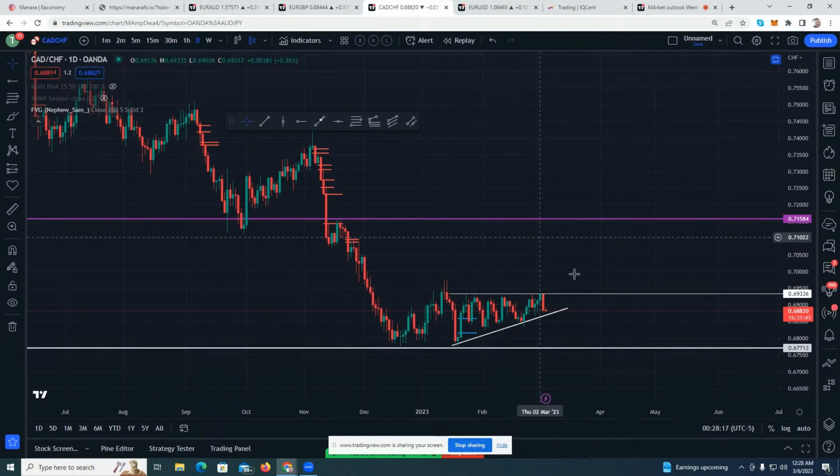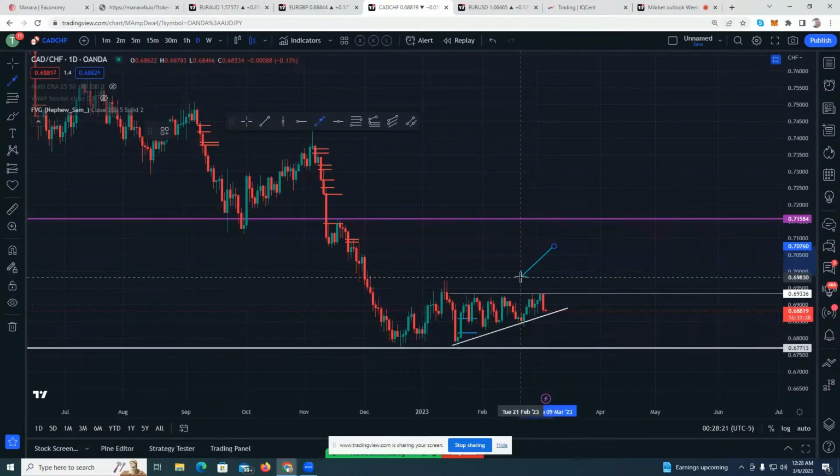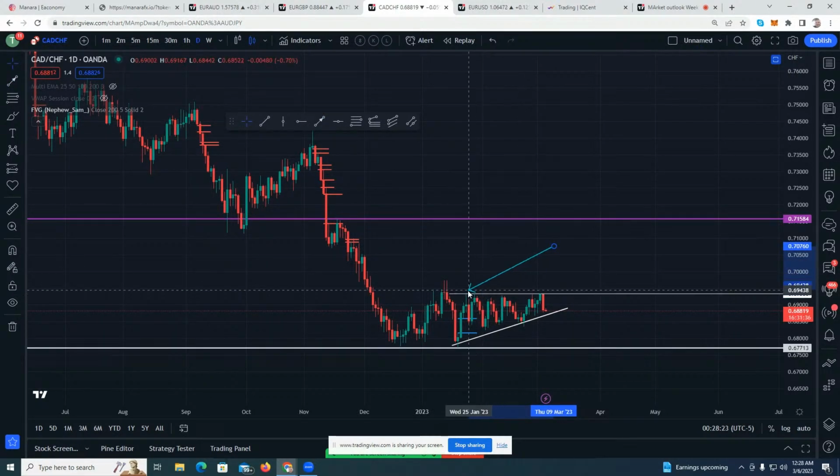Just playing this out so you can see. On the daily time frame, price action is creating equal highs, and then down here we can see that we're starting to create an uptrend, creating higher lows.